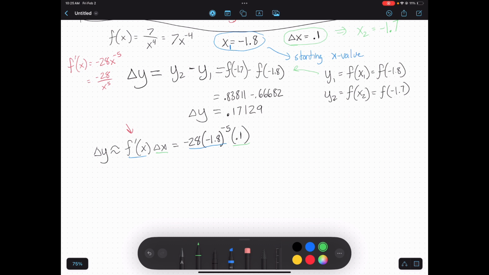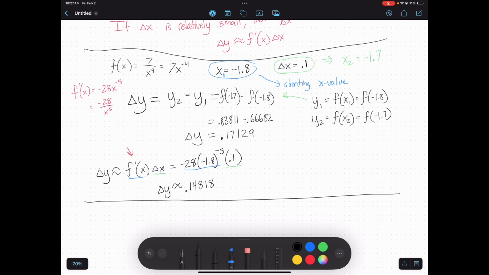Okay, so to estimate delta y, we take the derivative, plug in my starting x value, and multiply it by my delta x. And if I do the math here, I get 0.14818. So what does this tell me? This tells me that my delta y is approximately 0.14818. You'll notice you get different values because, once again, this second process is just an estimation.